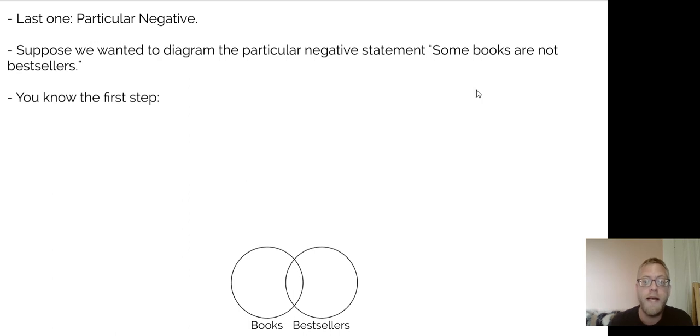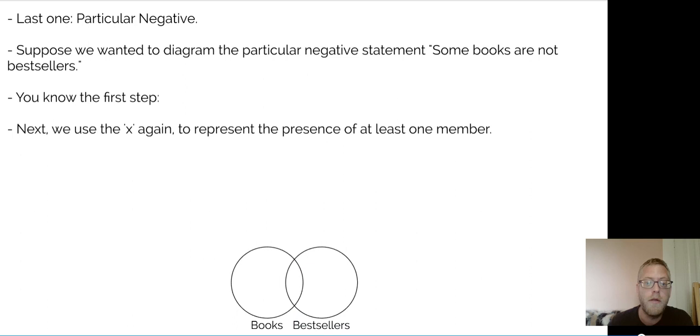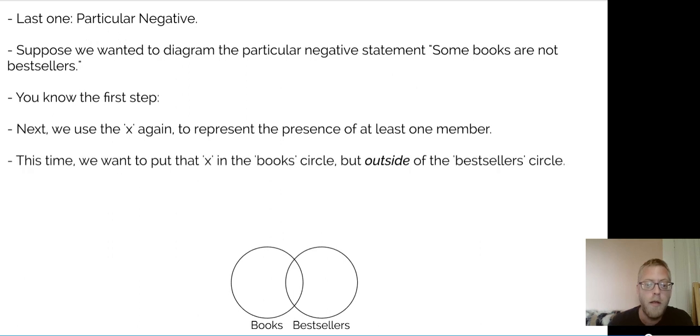So what we want to say is, there's at least one book that's not in the bestsellers circle. So there's a member of this group, books, that is not inside the bestsellers circle. That's pretty easy. We just use that X again to represent that there's at least one member. And now, instead of putting it in the overlap, we're going to put it over here.